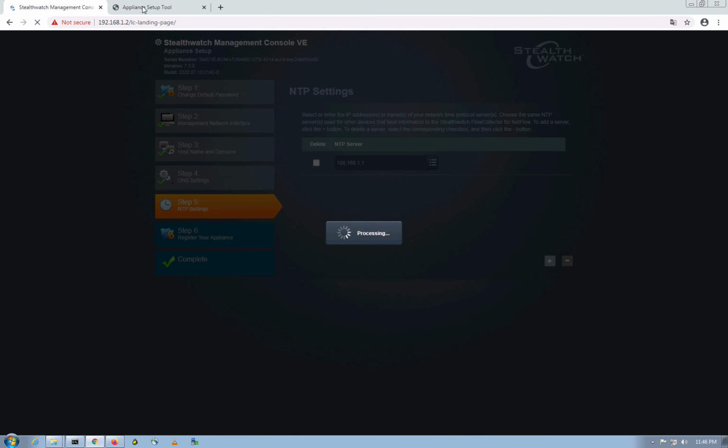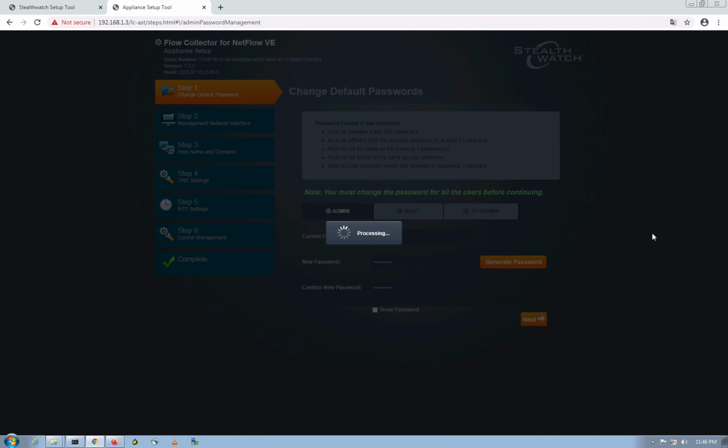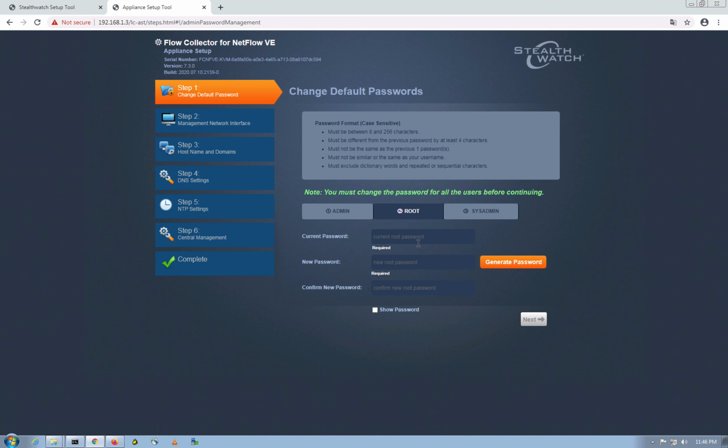Alright, so the passwords here, let's do the same thing. You can fast forward if you have seen the earlier one, it's pretty much the same. Next, let's do the root.